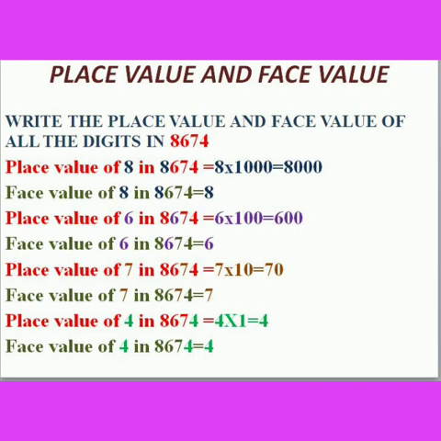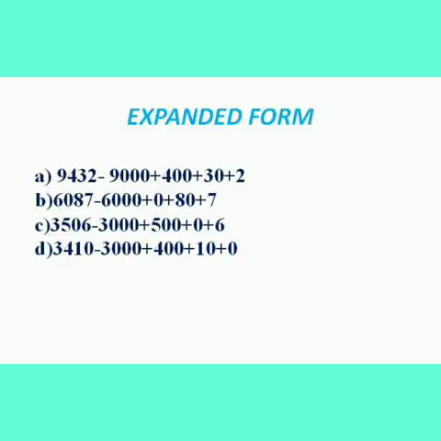And next comes expanded form. The expanded form of 9432 is 9000 plus 400 plus 30 plus 2. Next, 6087 is expanded as 6000 plus 0 plus 80 plus 7.